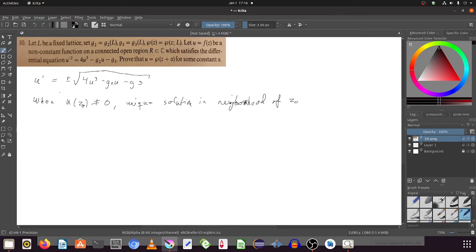Now let's just call that value U0. And we know that the Weierstrass P function is onto. This is wrong arguing. It's when the square root here is distinct from 0.